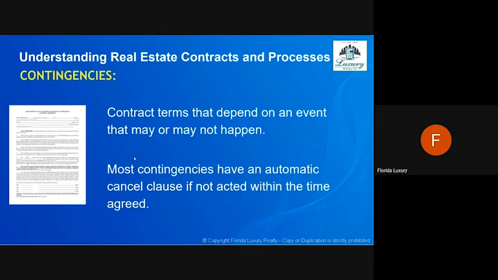Now we have an inspection contingency. Does the buyer have to do an inspection? No. A financing contingency. If we have a financing contingency, do they have to obtain financing? Yes. Here's a caveat. Halfway through, uncle dies, they inherit $1 million. Do they still have to get financing if they have cash?